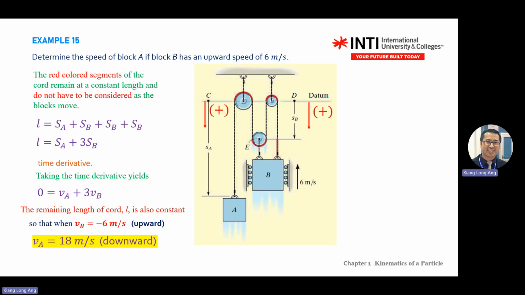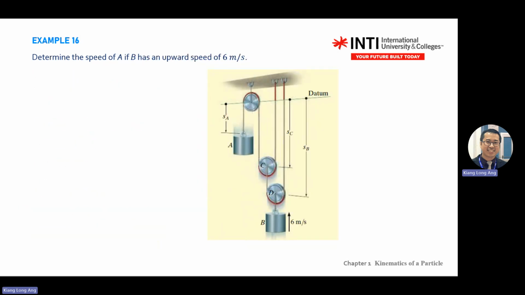So remember to change this according to the datum. You're always referring to the datum. If not, for VA you will get a negative answer. Negative means something is wrong between your numbers and the real scenario. Don't confuse the positive and negative. Be careful on that. Okay, so any question?